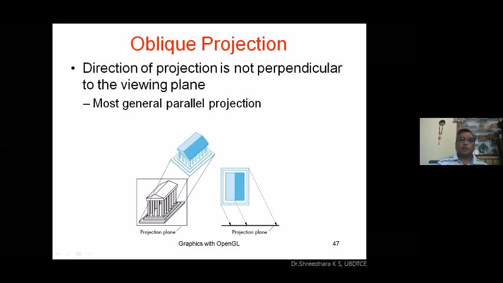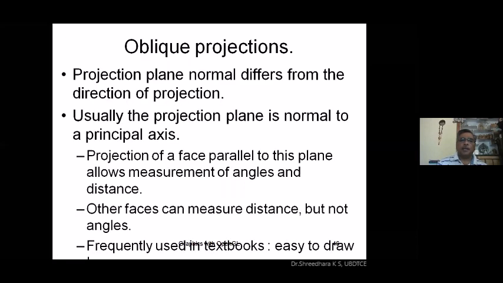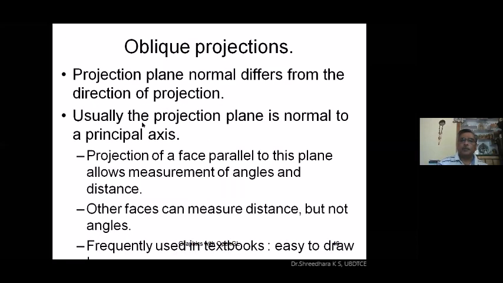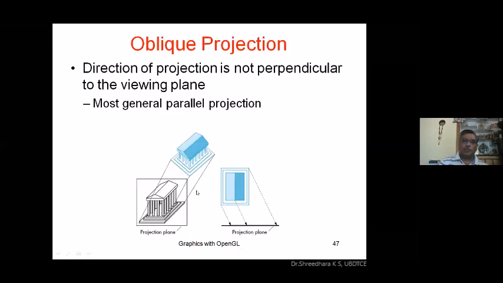Here the projection plane normal differs from the direction of projection. Usually the projection plane is projected at a particular angle, measured in angles and a distance. Hence, you can observe the 3D effect in oblique projection.